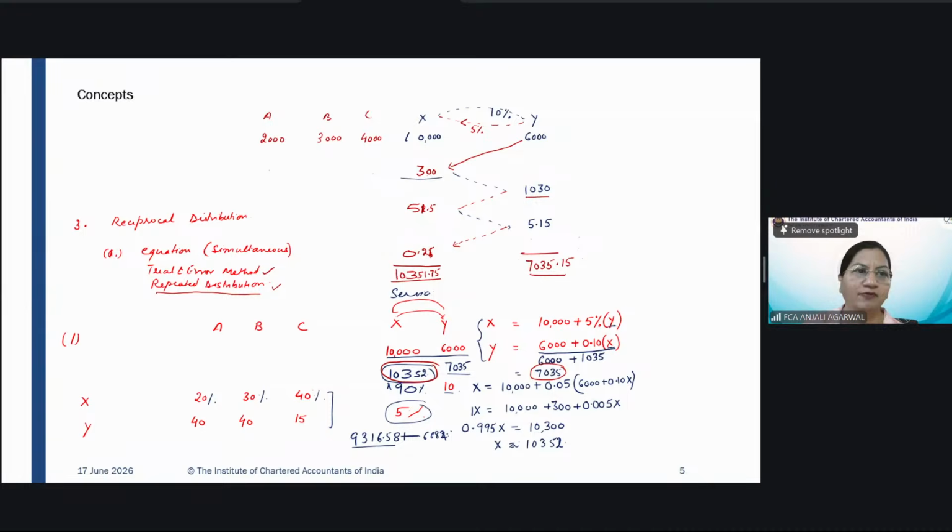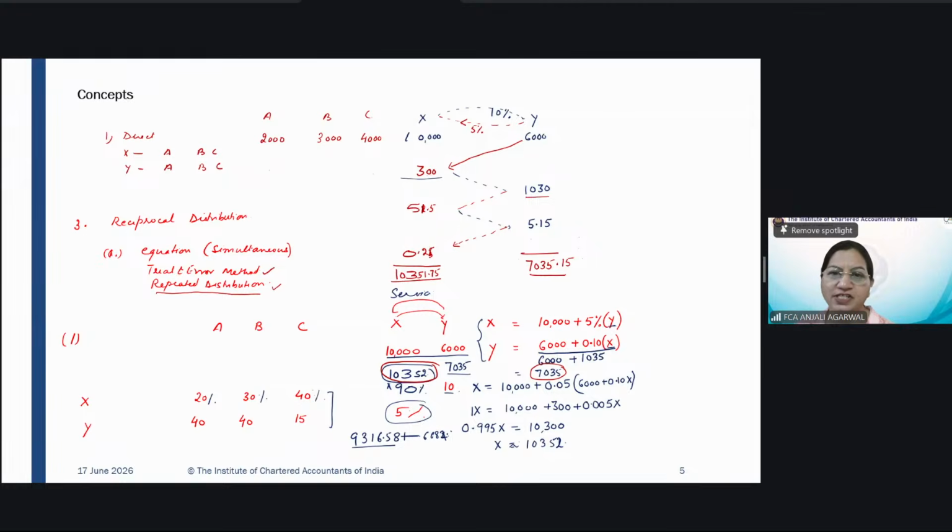So in direct, what will happen? X expenses will be given to ABC. Y's expenses will also be given to ABC. In what ratio? That percentage may be mentioned.